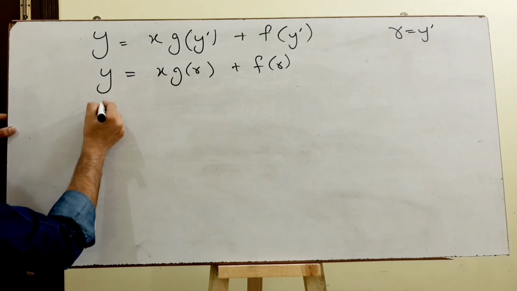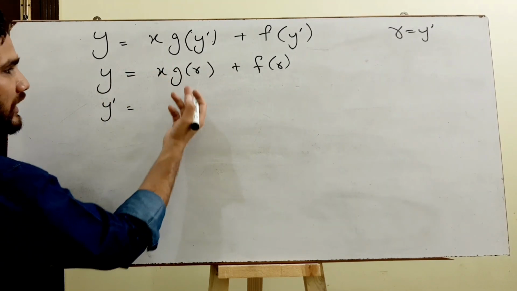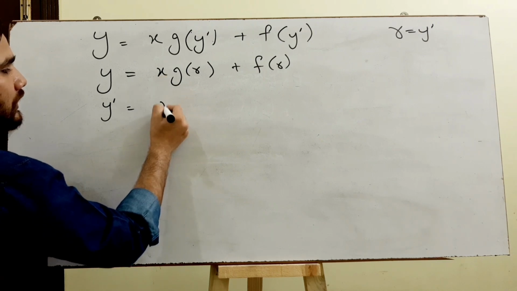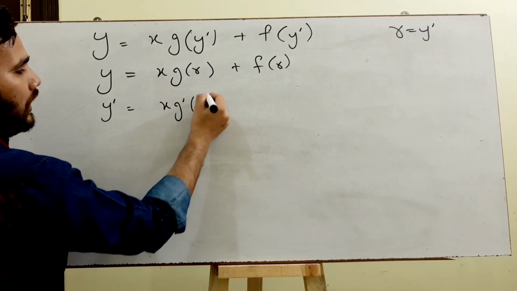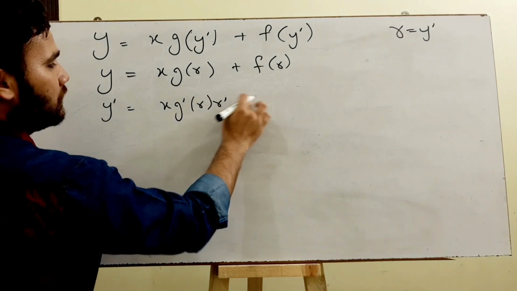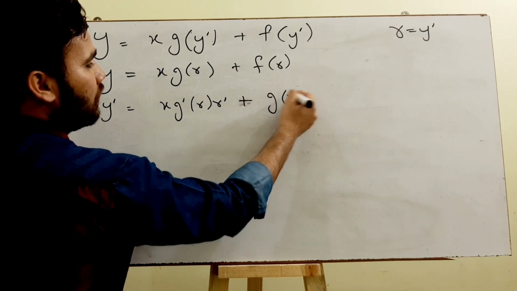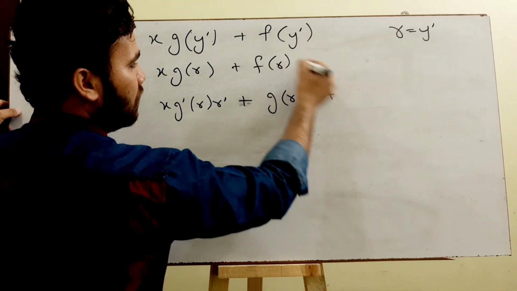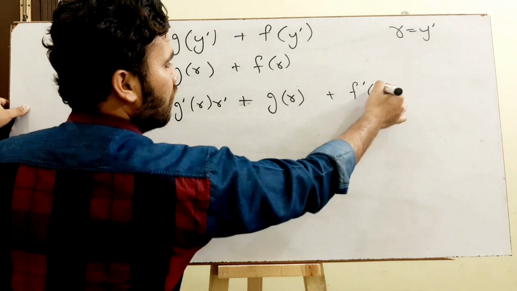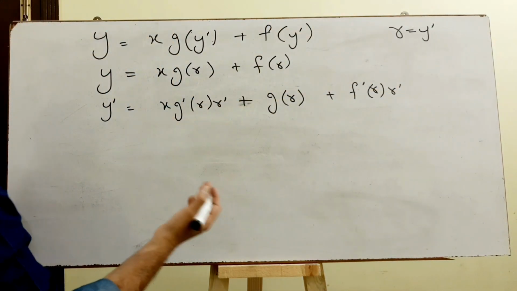Then differentiating, this will be y prime equals, by chain rule or multiplication also, x g prime of r times r prime plus g of r plus f prime of r times r prime, where r prime is nothing but y double prime.